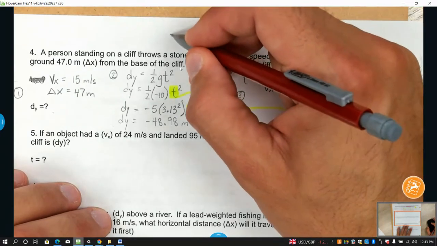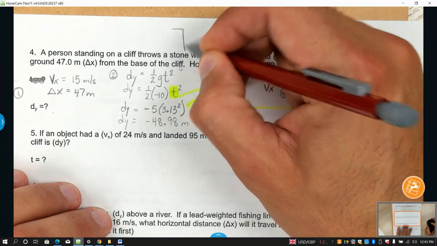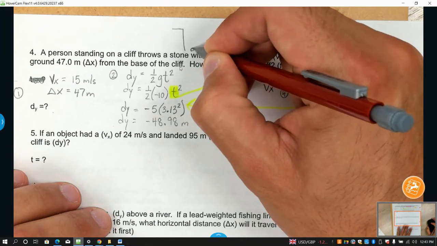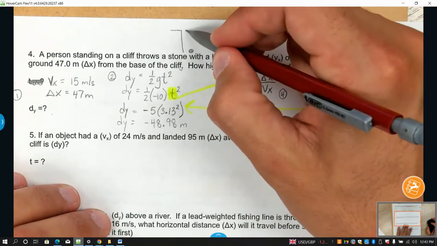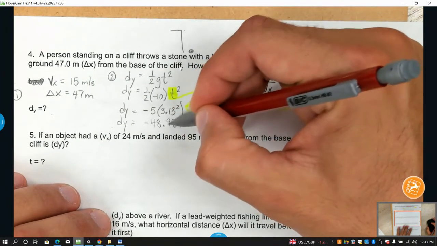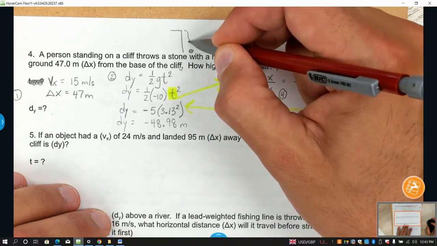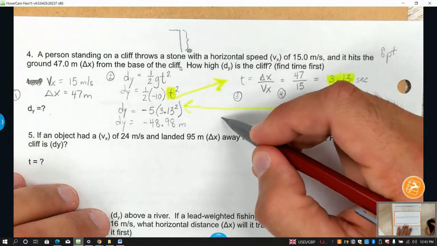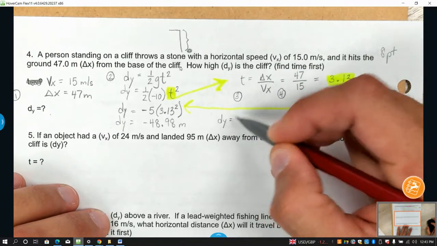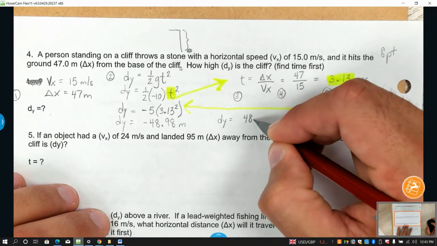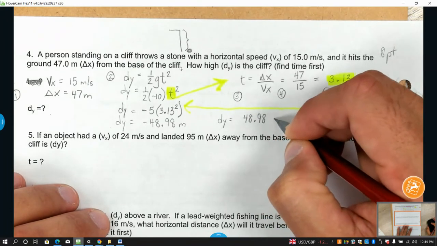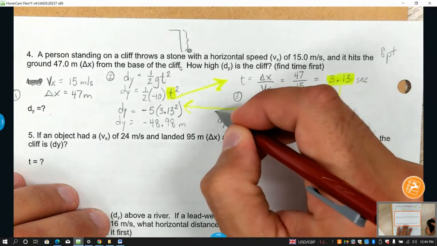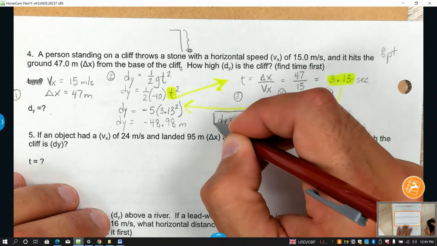If this is my cliff and the stone lands down here, yeah, it's 48.98 meters below where it started. So when they're asking us for the height, the height is just 48.98, no negative sign. And then box your answer.